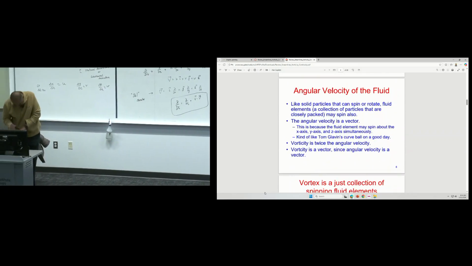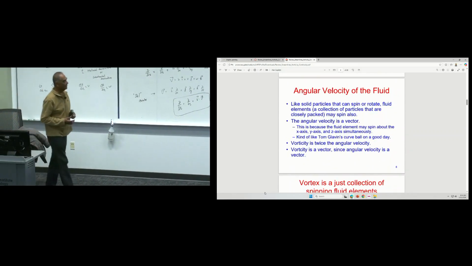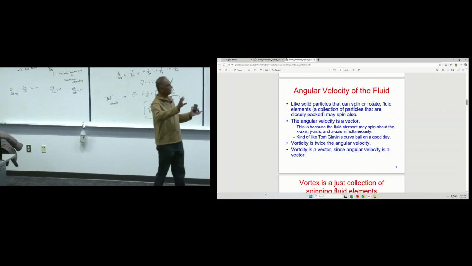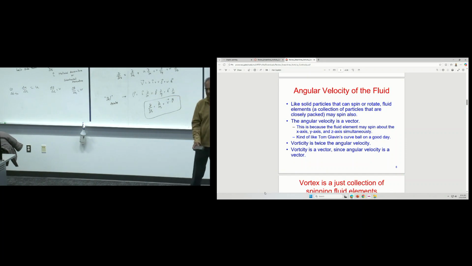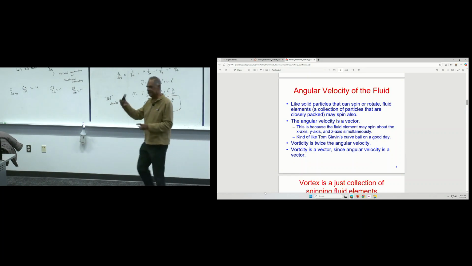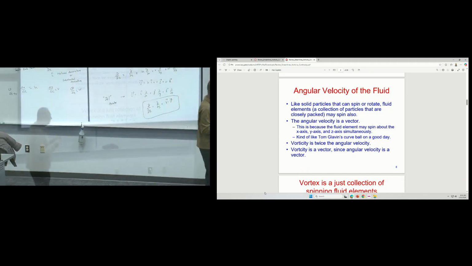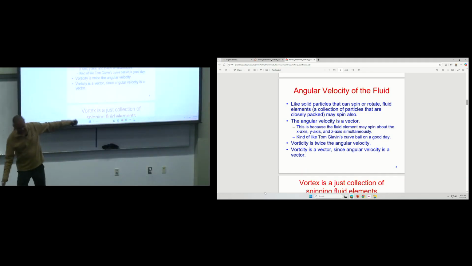Then let's look at the angular velocity of the fluid. Fluid particles can spin and rotate in space, just like a solid particle can spin and rotate in space. Like if I spin this, it'll spin in 3 directions. So angular velocity is going to have a component in the x direction, in the y direction, in the z direction. So it's got to have 3 components.